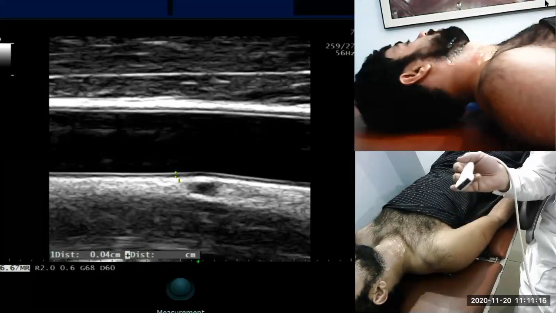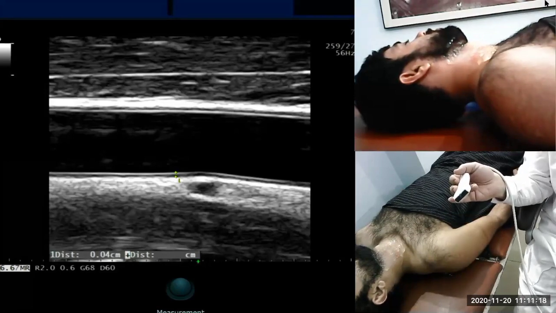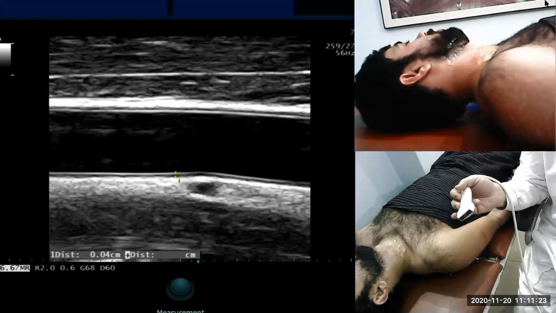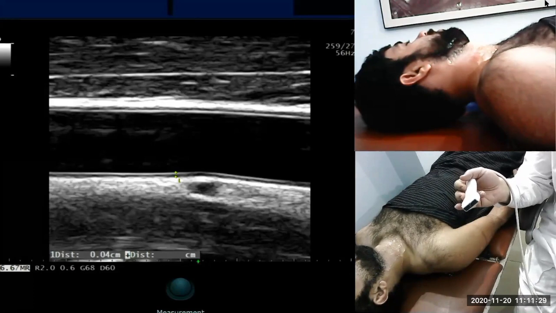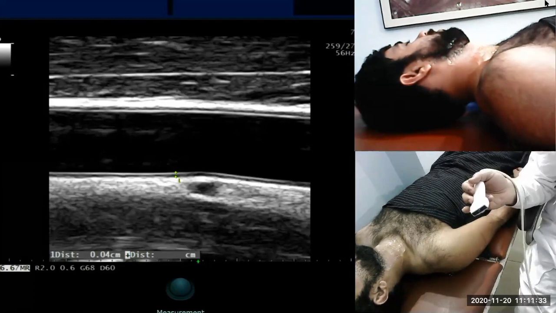So this intima media thickness is helpful in predicting if we find it thicker than normal. This is in the common carotid artery.